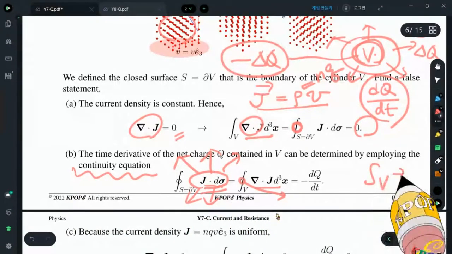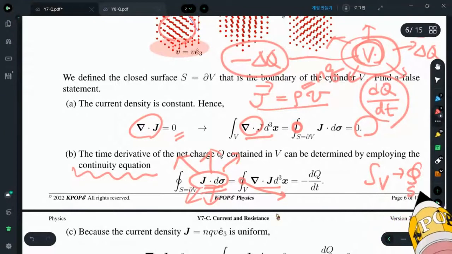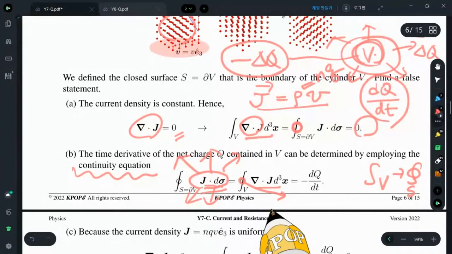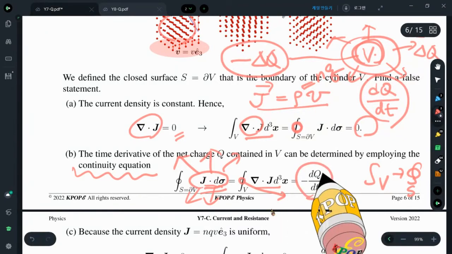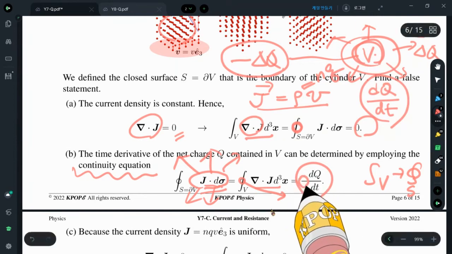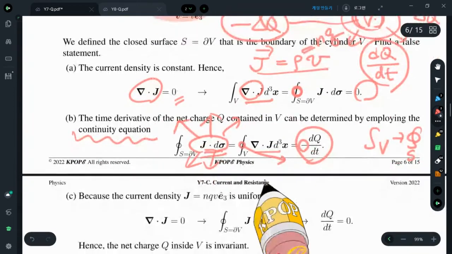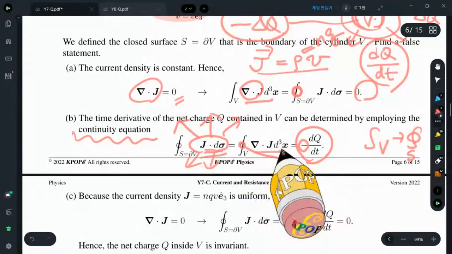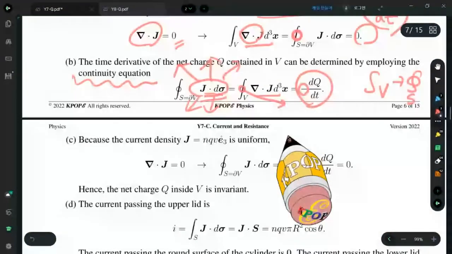This is a volume integral, so it should be corrected. So charge inside this volume must decrease. This negative sign indicates the decreasing behavior of the charge inside the volume.